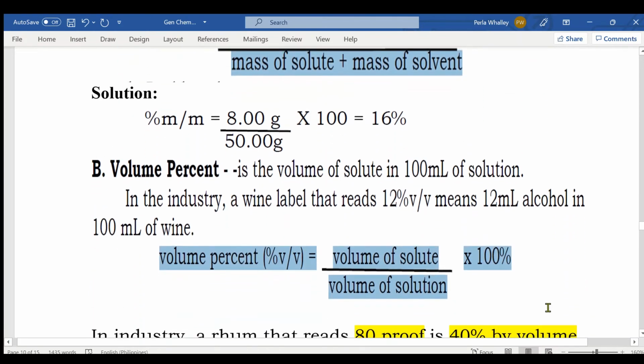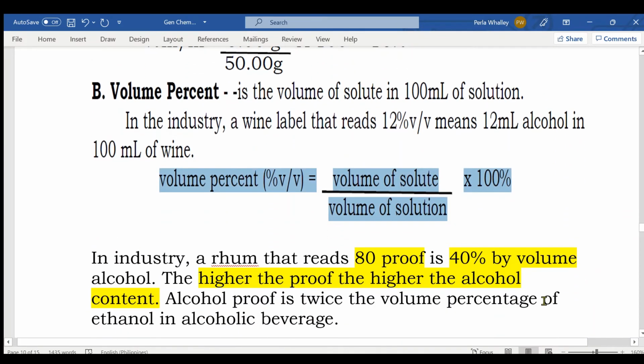And then volume percent is the volume of the solute in 100 ml of solution. An industry wine label that reads 12% v over v, or 12% by volume, means 12 ml alcohol in 100 ml of wine.